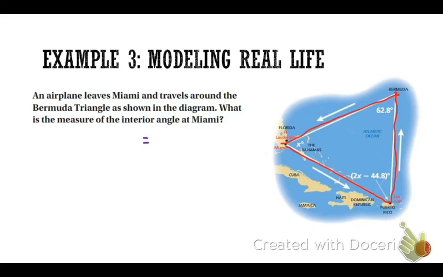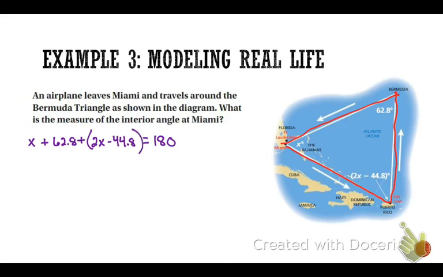Since it's a triangle, what will be the sum of all three of these angle measures? 180. So now I need to add up. Miami is X. What is the angle measure at Bermuda? 62.8. Plus, then I have the 2x minus 44.8. So I have all three angles here.